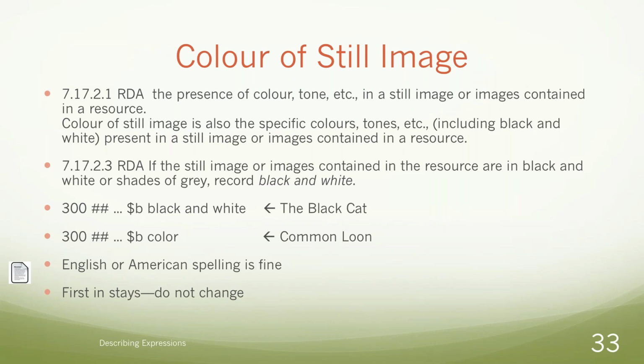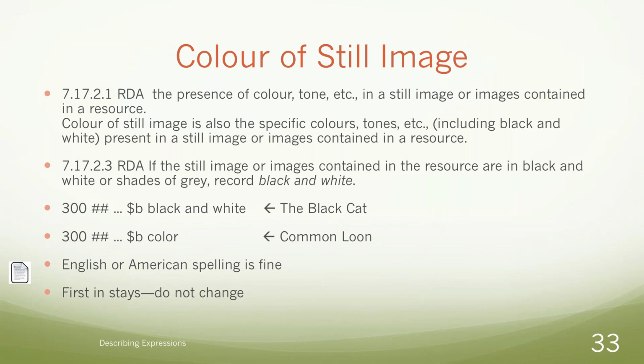But you will have the word color or black and white or polychrome or monochrome, which I think are the newer terms that have been added to RDA. So those would go in 300 subfield B.